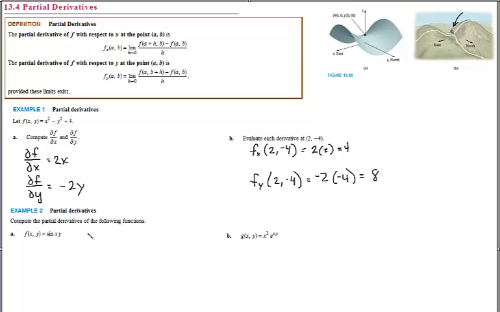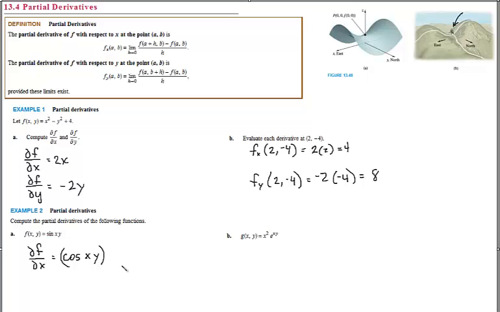Let's look at the partial derivative of a function such as sine of xy. I'll first do the partial derivative of f with respect to x, then I'll do the partial derivative with respect to y. So let's look at this, the partial derivative of f with respect to x. Take the derivative of the outside function, that would be cosine, leave the inside alone, times the derivative of the inside.